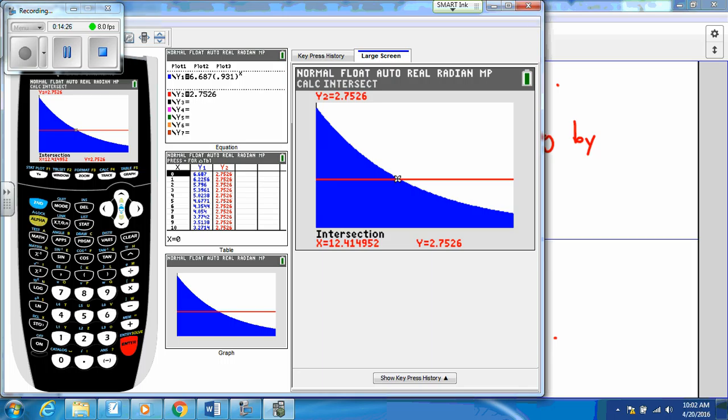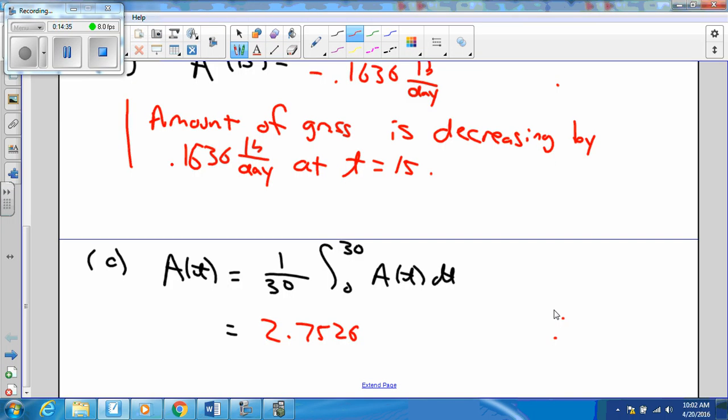That's one of the things that they're actually kind of incidentally testing. And that gets us t equals 12.4150 days. Notice that it's entirely possible to do this algebraically, like divide both sides by, no, don't mess with that. Second calc intercept.